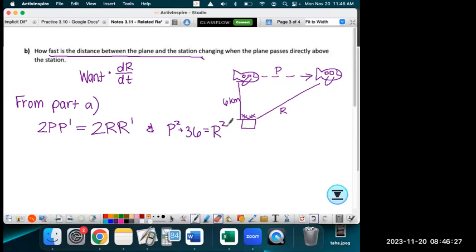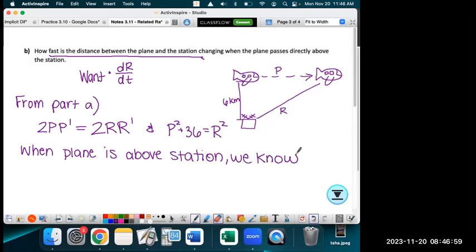That tells us that p would be 0. In fact, let me write that down. If you just want to write, we know, that's perfectly fine.